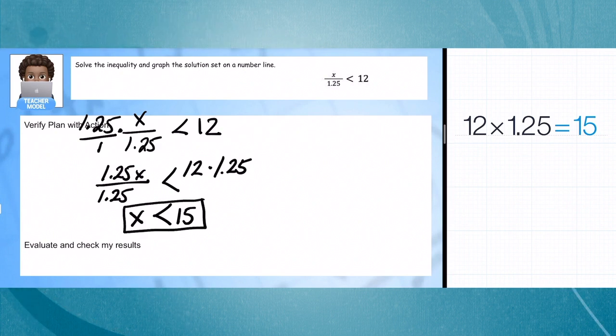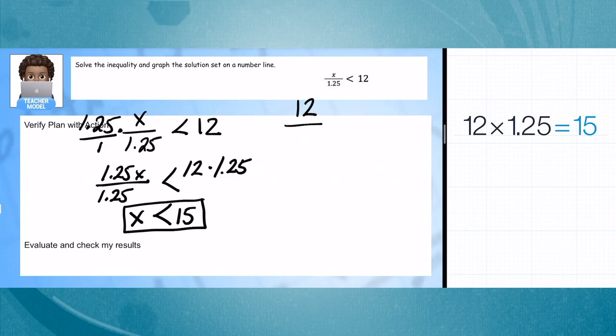So let's map this out. Normally, when we were doing equations, we would just substitute to see if it was true. And that will give us the number if it was an equation. It will tell us what it's equal to. But we're going to try this out. We're going to test it with a bunch of numbers. Let's try 3 numbers that are less than 15. So let's try 12. So 12 is less than 15.